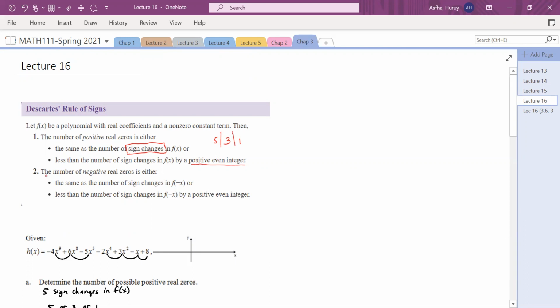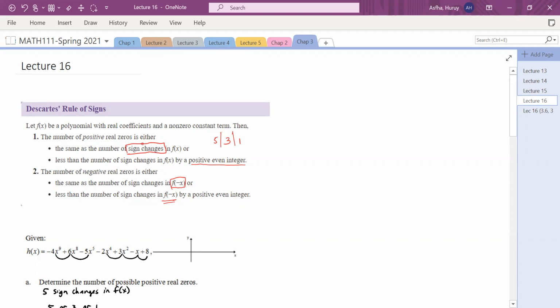And the second one is the number of negative real zeros is either the same as the number of sign changes in f of minus x. Here it was f of x, and now we check f of minus x and we count the sign changes. So the number of negative real zeros will be the same as that number, or less than the sign changes of this function by a positive even integer, similar to this idea.